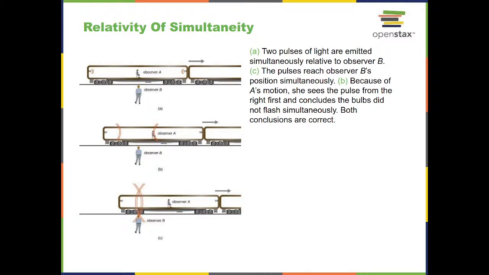Events that happen at different places can be simultaneous, can be one before the other, or the other before the first, depending on the motion of the observer. That might seem strange, but it is an outcome of the postulates of special relativity.